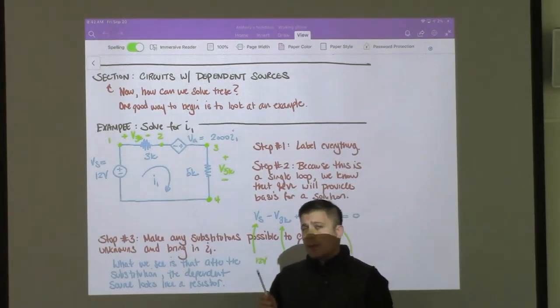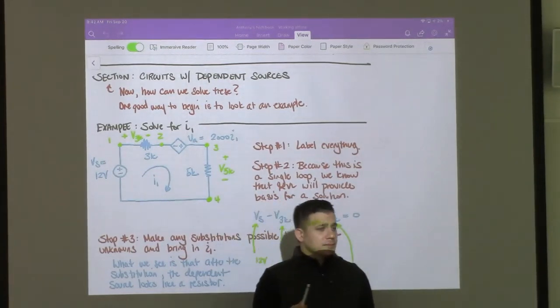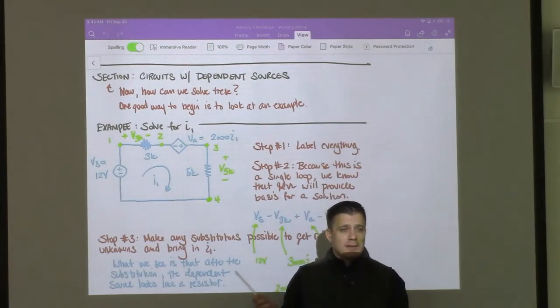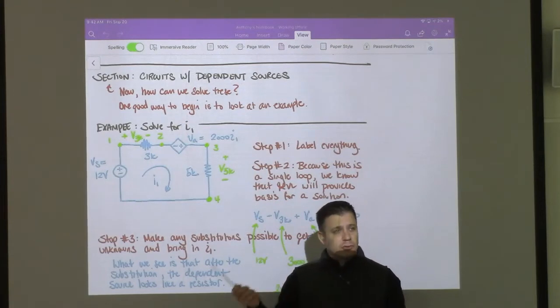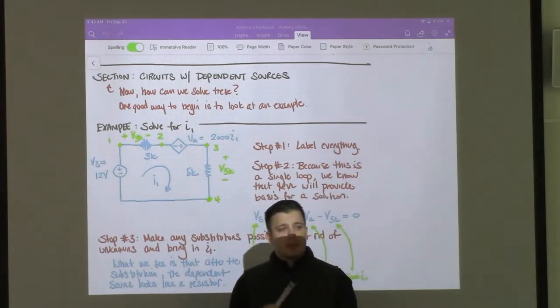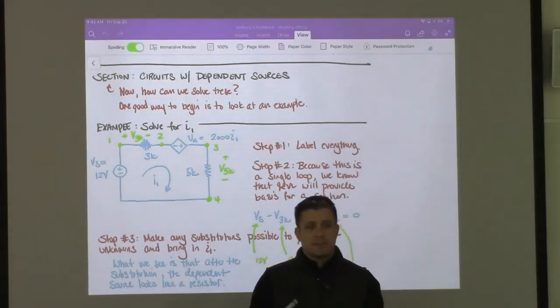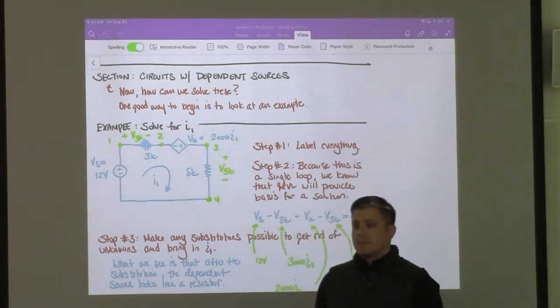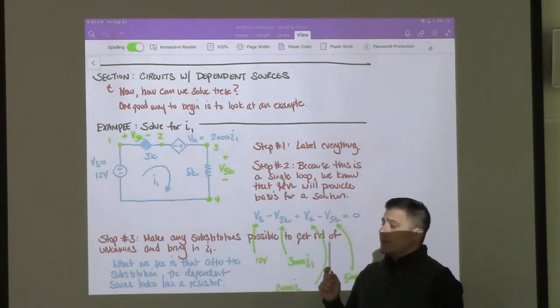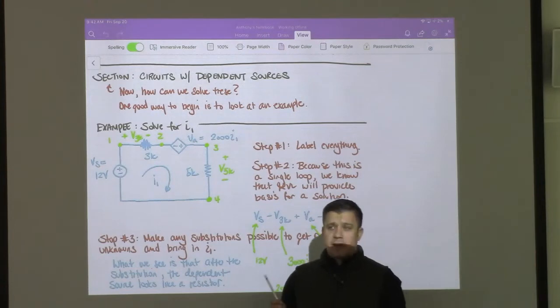So does anybody remember what the name for that was? There was VCVS, VCCS, voltage controlled current source, voltage controlled voltage source. So which one is this? This is something that could come up on a quiz or an exam.